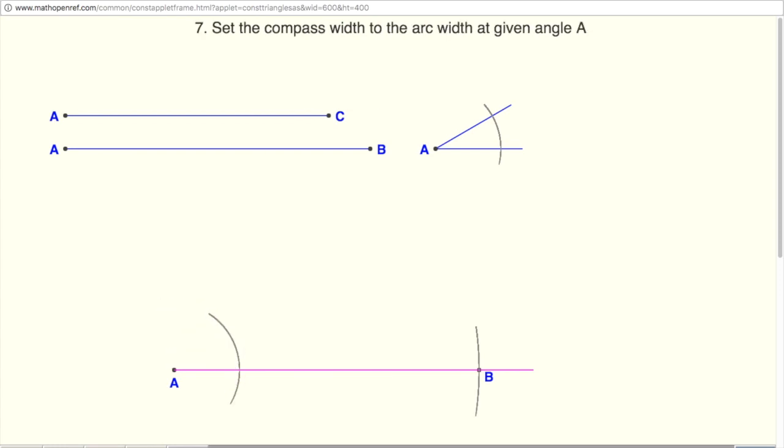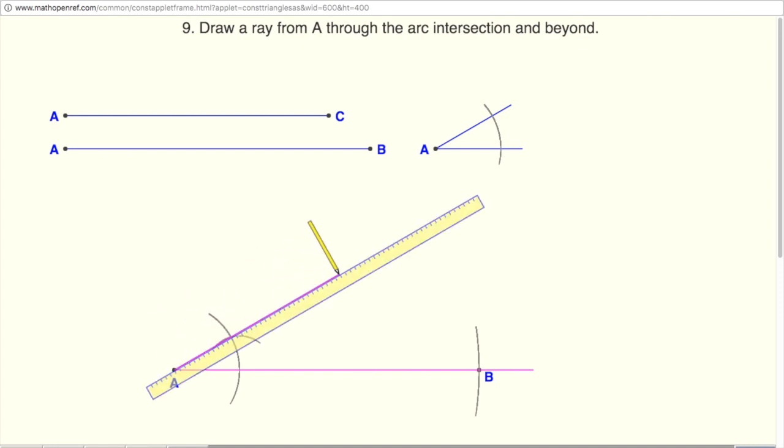Set the compass width to the arc width at the given angle A, and draw an arc in a similar position at point A. So all that step was just copying the angle, and now we draw a ray through it.